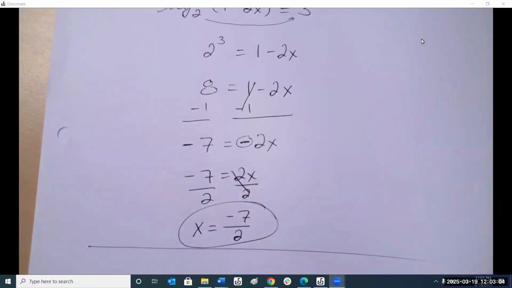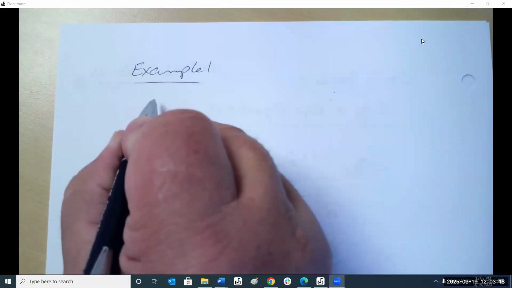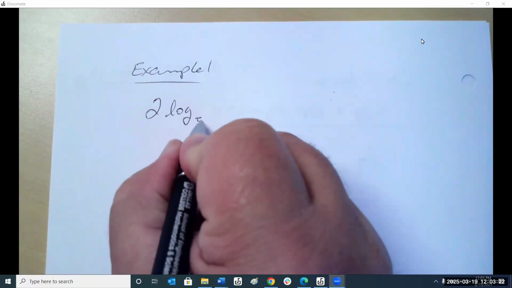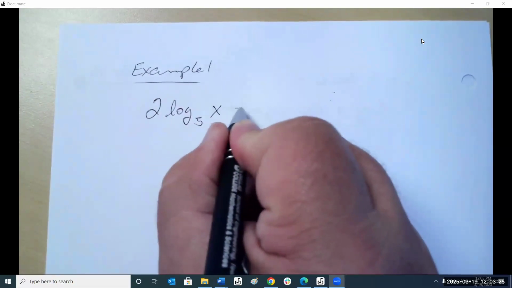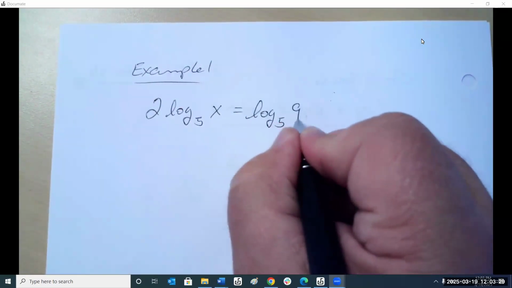Okay, let's try one with logs on both sides. 2 log base 5 of x is equal to log base 5 of 9.